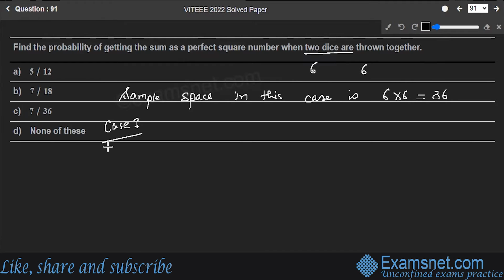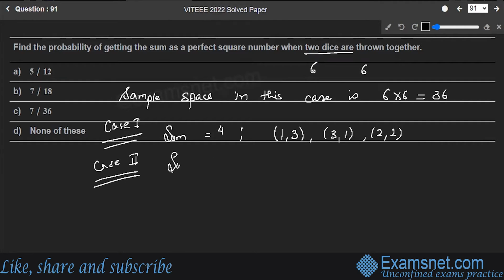First case, sum is equal to 4: the numbers can be 1, 3 or 3, 1, or 2, 2. That is 3 ways. The second case, the next perfect square is 3 square, which is 9.